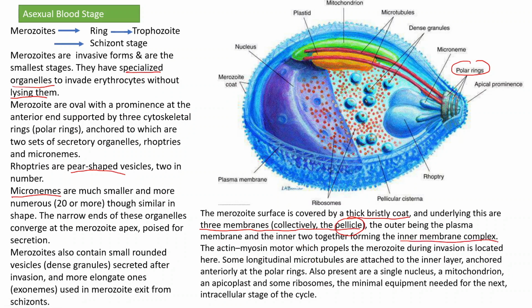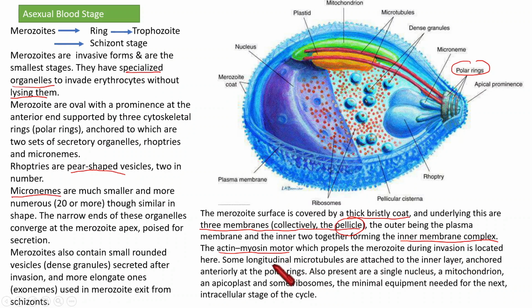What is the significance of this inner membrane complex? It contains the actin-myosin motor that propels the merozoite while it invades the RBC.